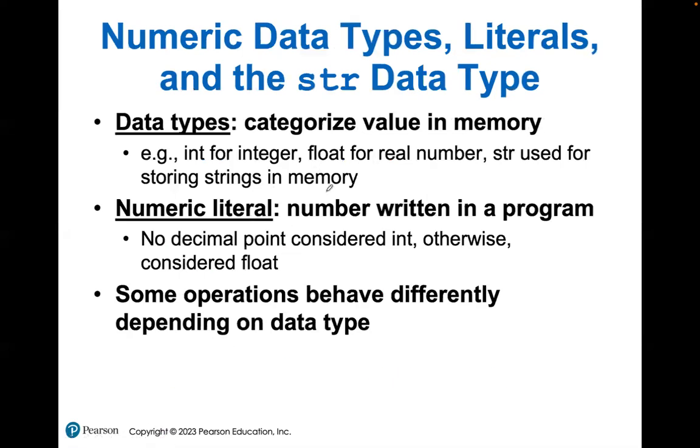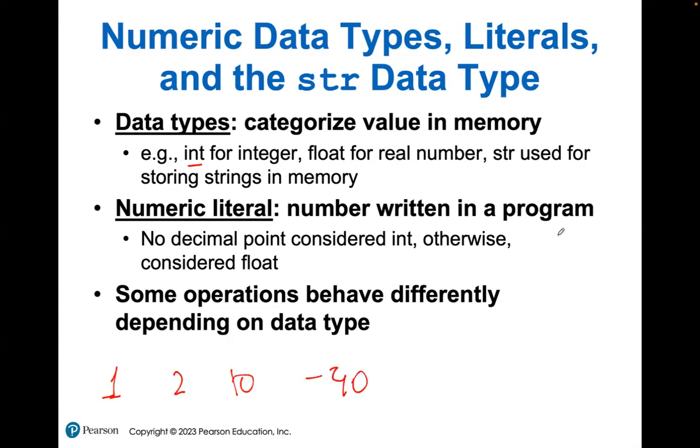Data types, we have different data types. These are going to categorize your data in the memory of your computer, because we have different types of data such as strings, integers, and floats. And again, I will explain what these are. Int is integer, so any number that does not have a decimal point. So 1, 2, 10, -40, all of these are integers.